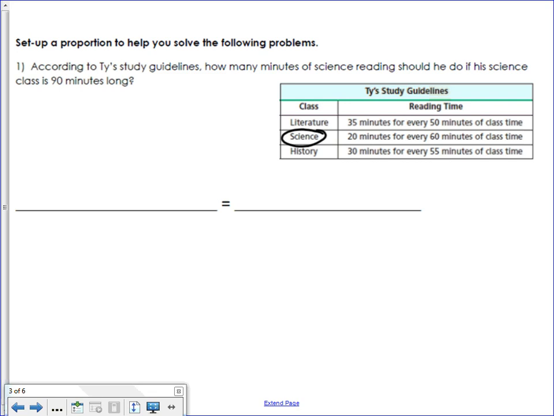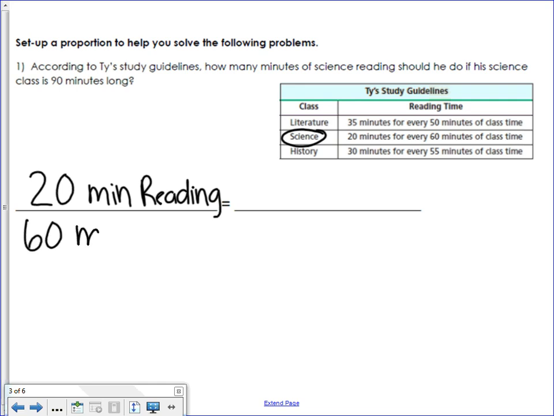So our first ratio is going to be 20 minutes reading for 60 minutes class. I'm going to go ahead and put the units on the other side of my proportion.